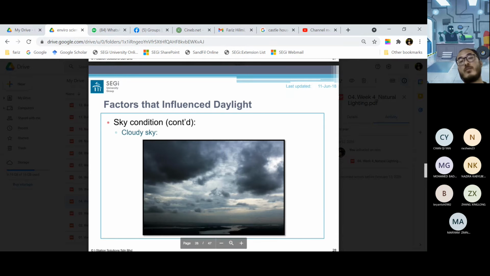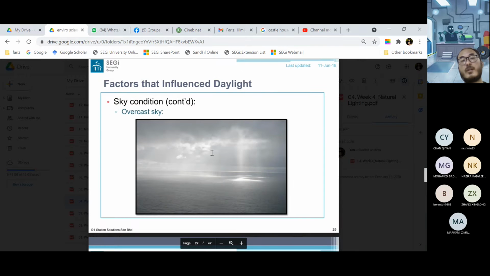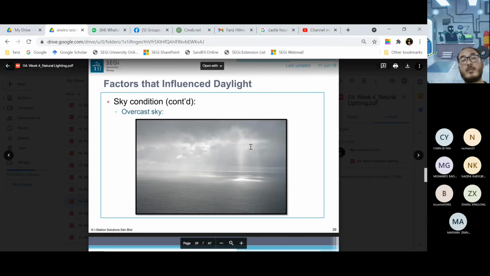Sorry, 70 to 100, and then overcast. This is 100%. With this, sometimes it happens you can just see rays of light punching through the cloud little by little. So you can see radiates of light coming in.